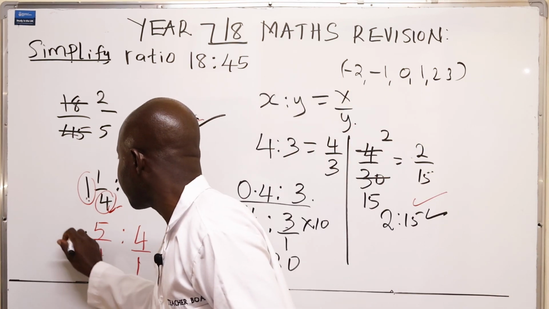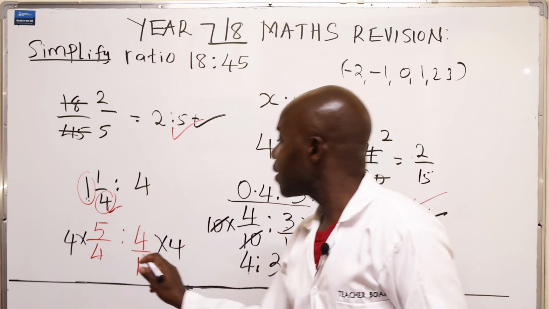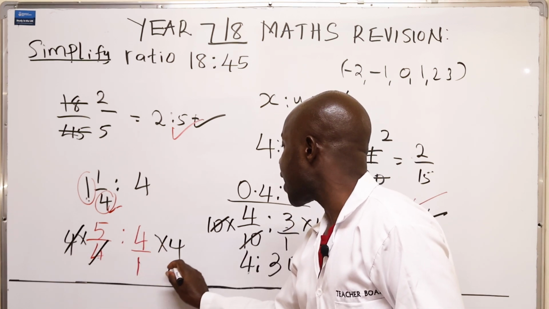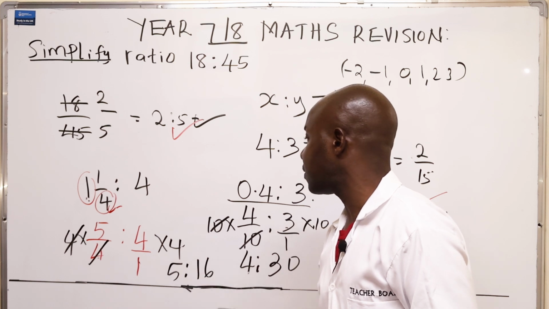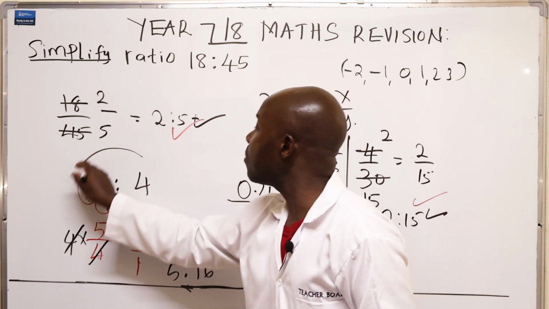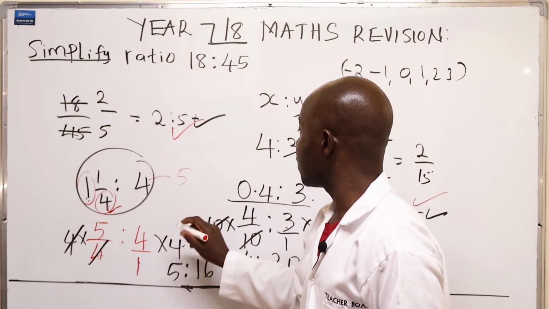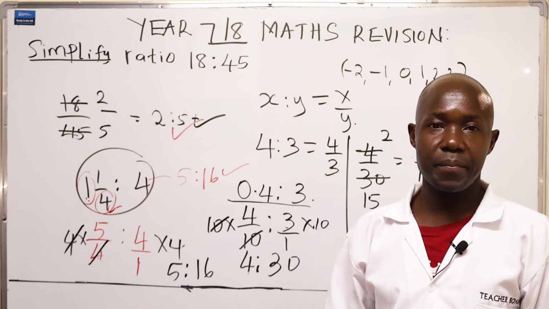So we multiply this side by 4, we multiply this side by 4. The 4 here will cancel, so 5 will remain this side, ratio 4 times 4 becoming 16. So the simplified form of that ratio should become 5 ratio 16. So this is the correct answer for that part.